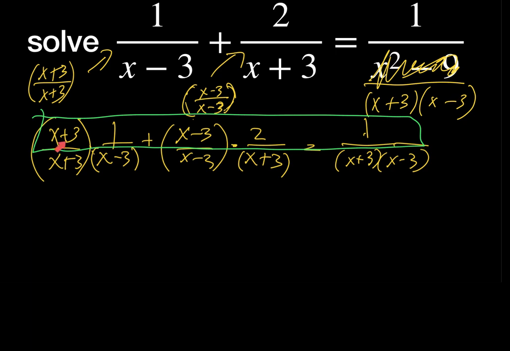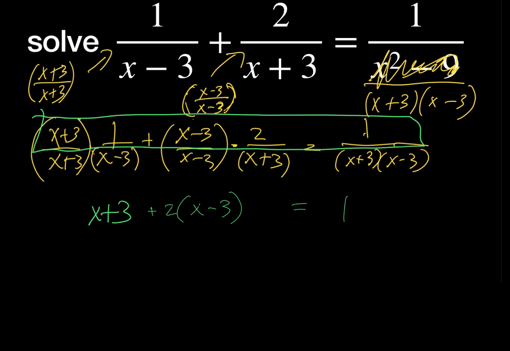I have over here x plus 3 times 1, which is x plus 3. Here I have x minus 3 times 2, so that's 2 times x minus 3. And on the right-hand side, it equals 1.